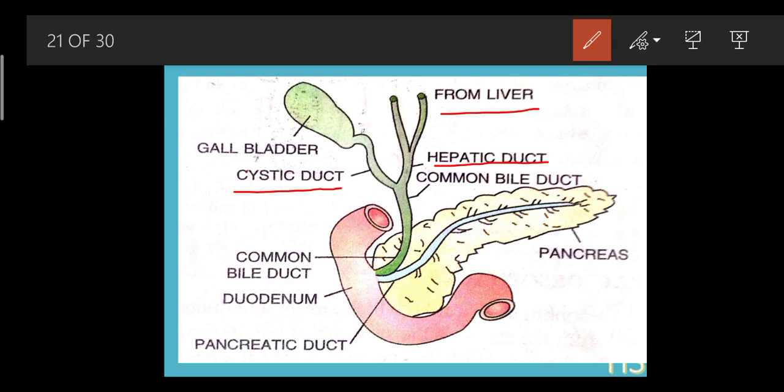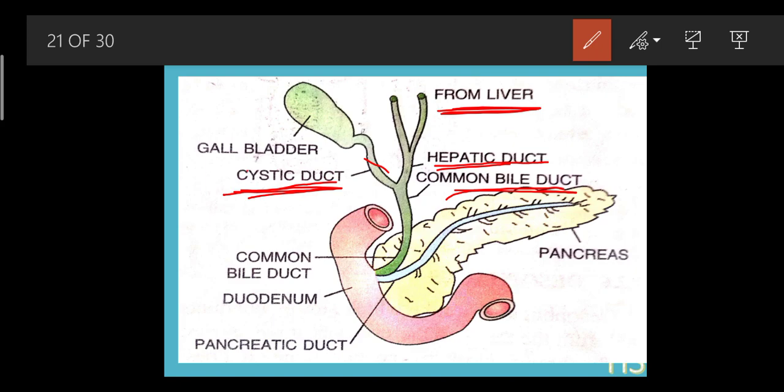When the cystic duct and hepatic duct combine, it is called the common bile duct. One juice comes from the liver and one from the gallbladder, and when they meet together they are called the common bile duct.